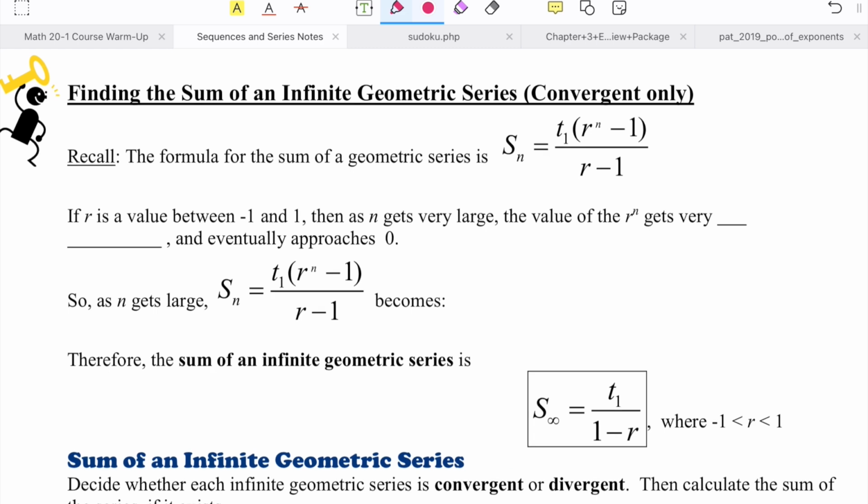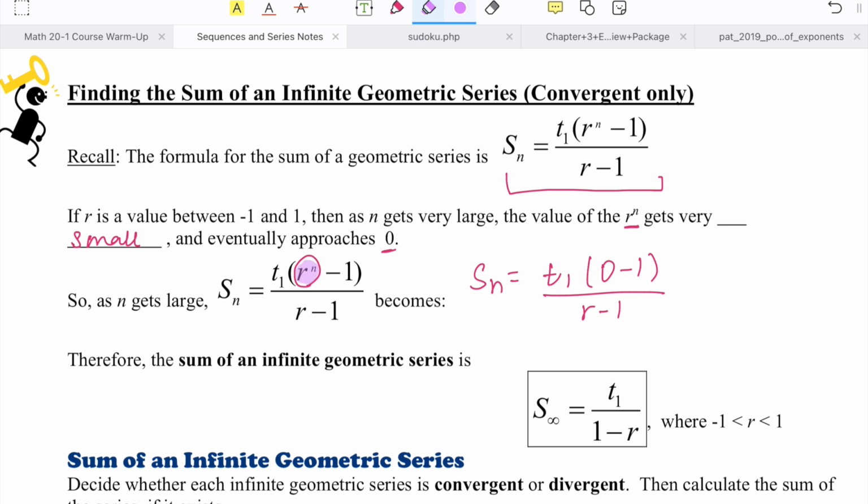So we know the formula for the sum of a geometric series is this, right? If r is a value between -1 and 1, then as n gets larger, the value of r^n gets smaller. It will be very small and eventually approach 0. So in this question, we can replace r^n with 0. So T1 times (0 minus 1) over (r minus 1).